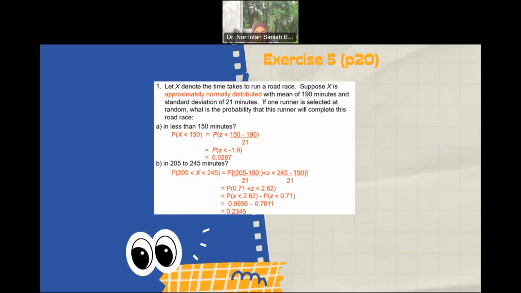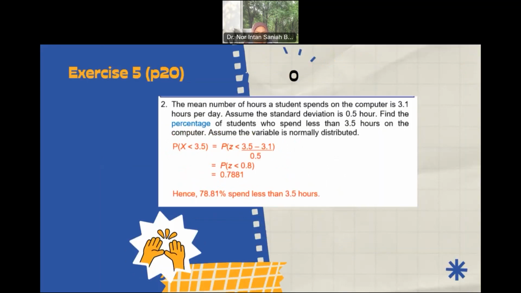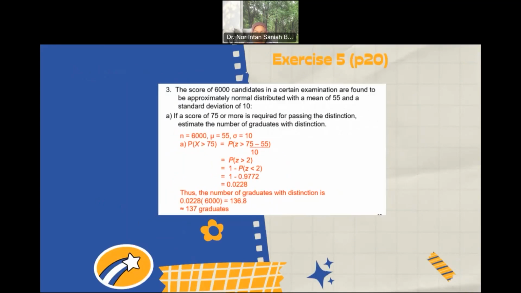Okay, next example. Another example. This one asks you to find the percentage, you just convert from this value to percentage, and that's it. Another one asks you to estimate the number of graduates, so you need to do some extra calculation.